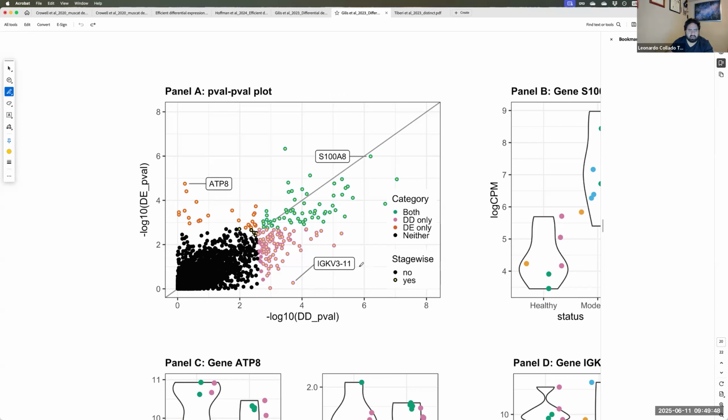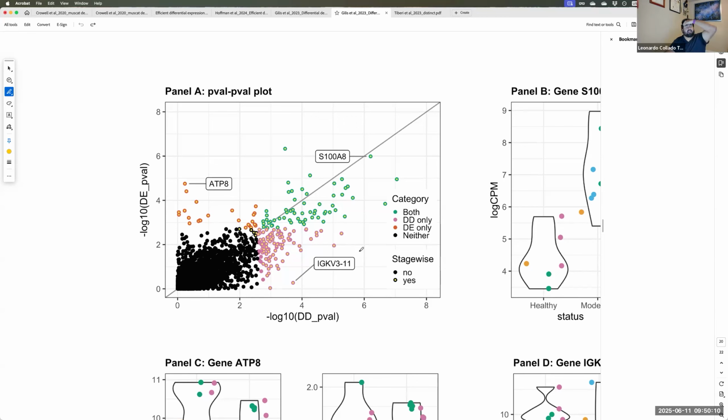So they argue that that is an advantage, but if you were just testing this out for the first time, I would argue that the main thing you'd be interested in is seeing how many pink genes you have, genes that are differentially detected that you hadn't seen before, and then actually start checking some of them.